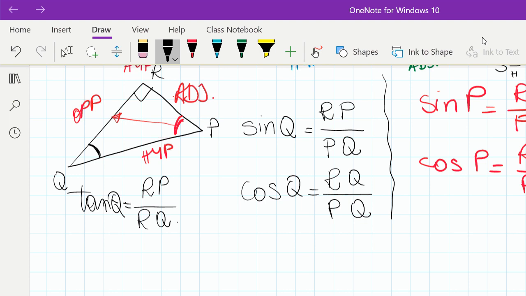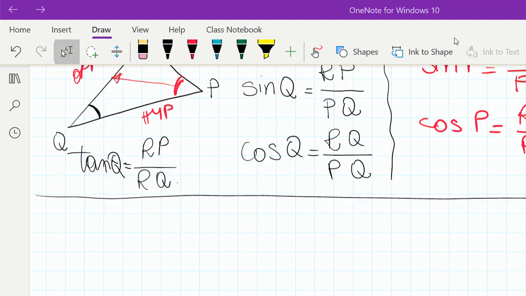So let's move now to some examples on how to find the sine ratio.